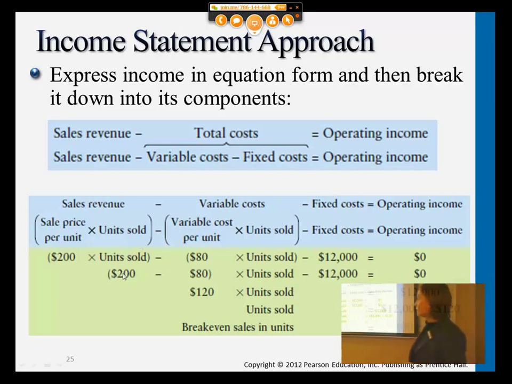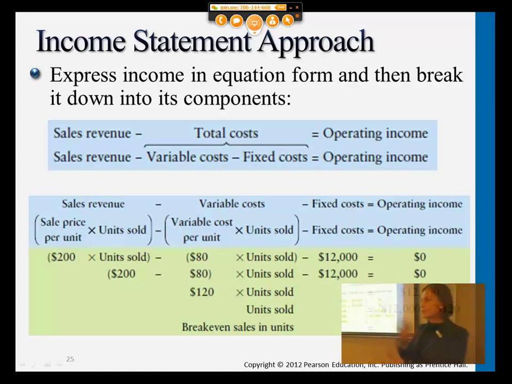So what am I going to do right now? Out of these two, I'm going to move my units sold out of the brackets. Now I have 200 minus 80, multiplied by units sold. Does this make sense? Minus 12,000, my fixed cost. My operating income is still 0.